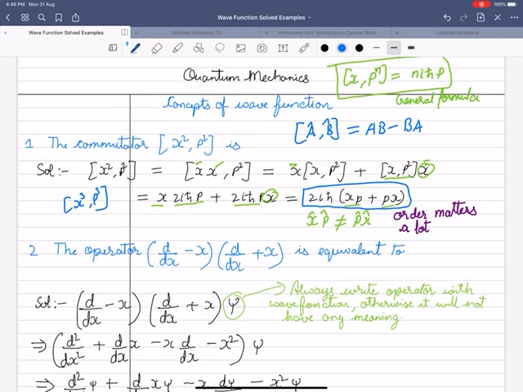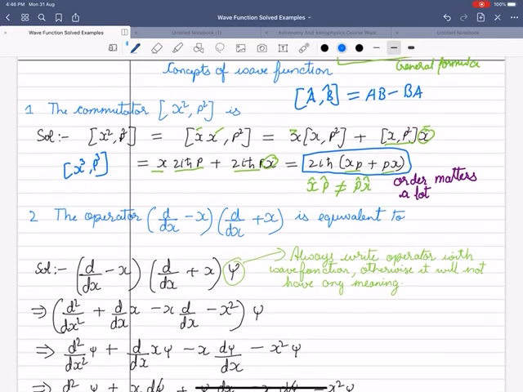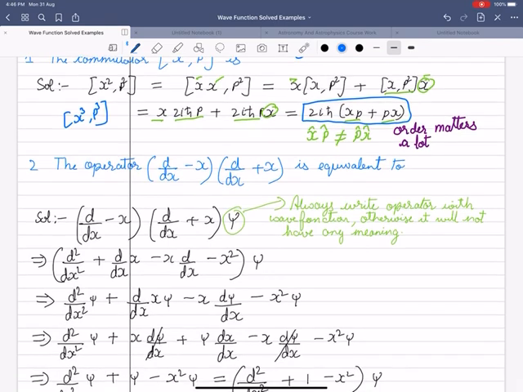Okay, now I will talk about the second question. In the second question, the operator is given: d upon dx minus x, d upon dx plus x.